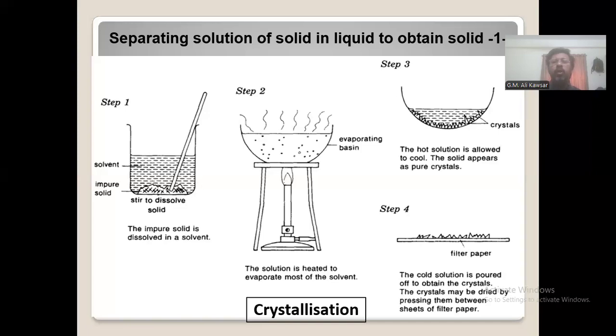Then if we keep it for cooling, the particles which had completely disappeared will be transformed into visible particles, and they will start becoming crystals. So the undesirable particles which disappeared in the solution will gradually appear here, and in the last step we can use filtration to separate the particles. So this process is actually called crystallization. By this process, dissolved particles like sodium chloride or copper sulfate in water can be separated from the solution.